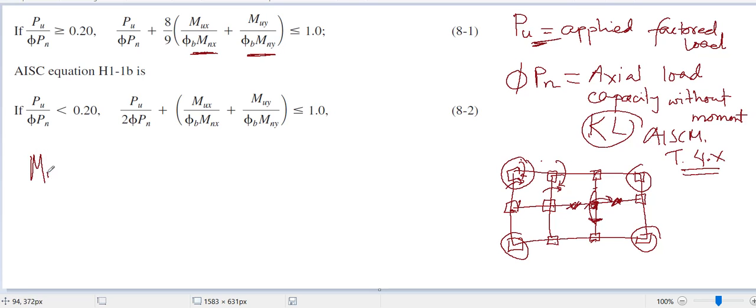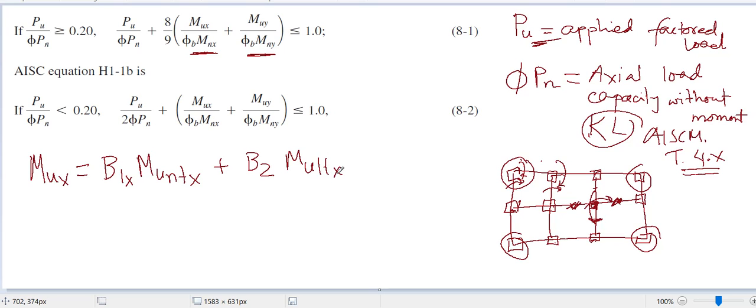So Mux will be B1 times Mu no translation, x. We are doing x here, so everything here is x, plus B2 times Mu lateral translation, x. Now what does it mean?